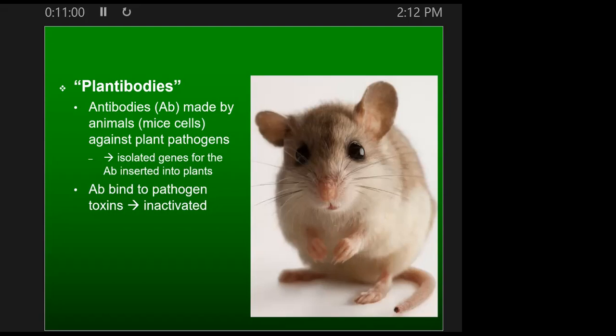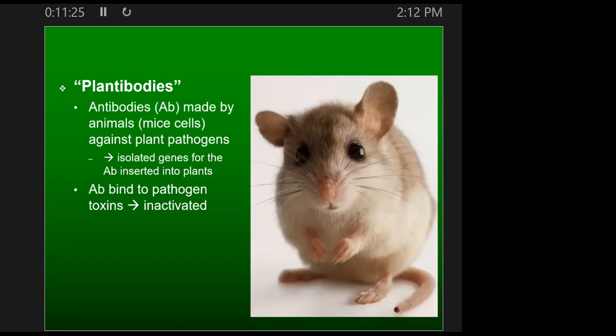And they've done this to completion where they can show that it works. The plant will pick up that stretch of DNA, that gene, through tissue culture techniques, grow up the plant, and then they expose it to the plant pathogen, and the plant will express that gene and make the antibody against, often, some kind of toxin that the pathogen's producing.